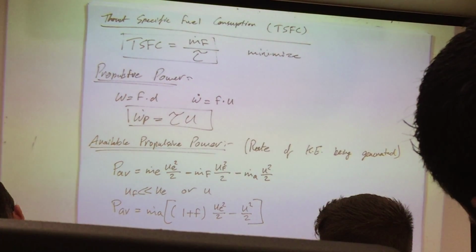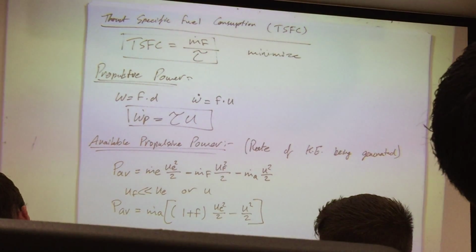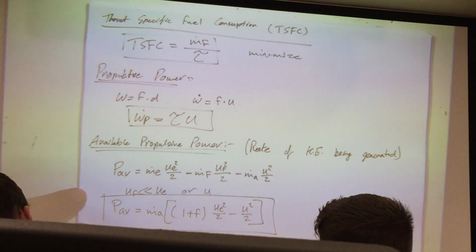So it's based on my fuel to air ratio. My exit velocity is significantly higher than my inlet velocity, and this is P available, the power available we get from the engine.